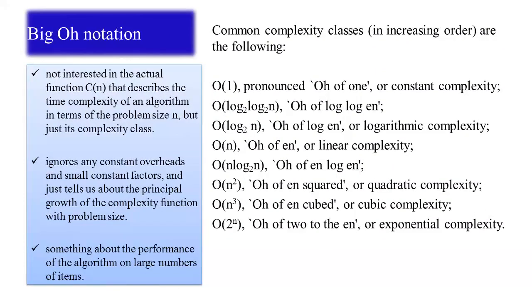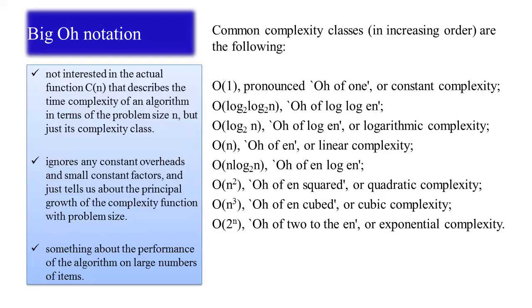To begin with, let us try to understand the big O notation in detail. The highlights of big O notation are given on the left hand side. We are not interested in the actual function that describes the time complexity, whether it is say 10 n power 4 plus 50 n plus 50 and so on.